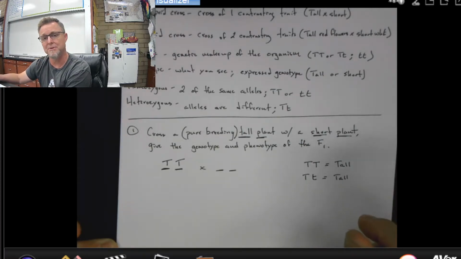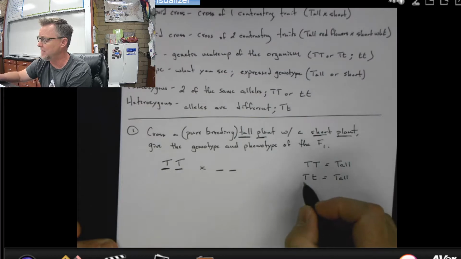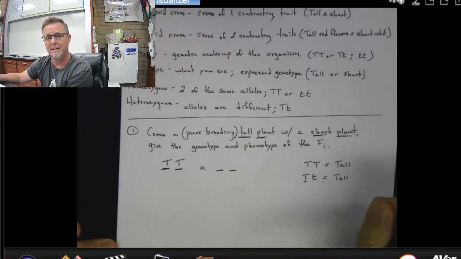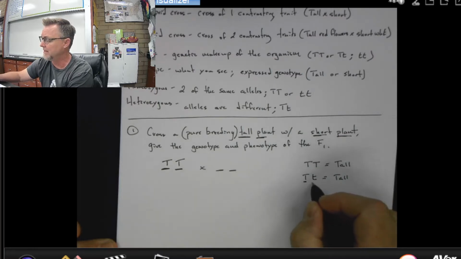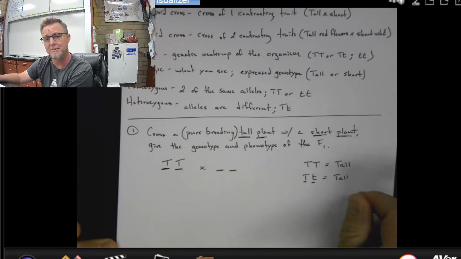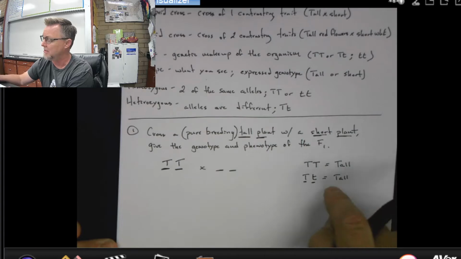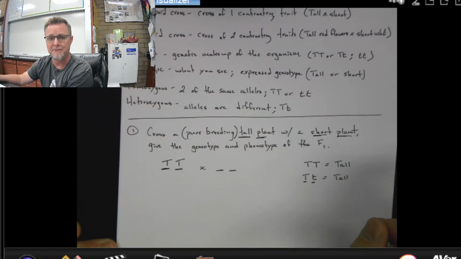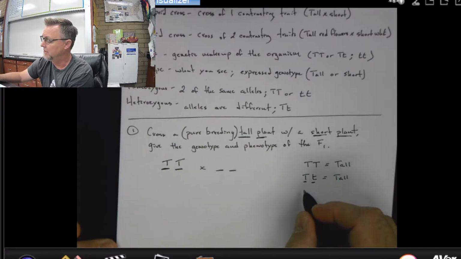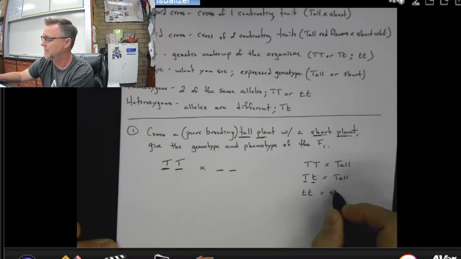because according to Mendel's rule of dominance and recessiveness, if you have an uppercase letter like that big T, which represents tall, it's going to hide the lowercase letter, the little t, when it's expressed. So a heterozygote individual that's big T, little t, they're going to look tall. The only way you could be short is if you have two little t's.